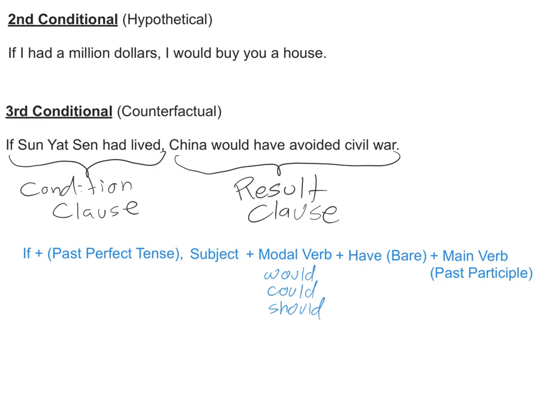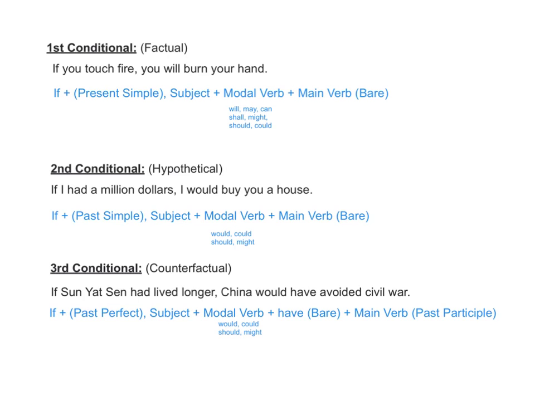So now I'm going to take a step back so that we can compare the grammar of all three kinds of conditional sentences. If we take a step back, we can see that each type of conditional statement has a very different grammar structure. In the first conditional, the condition clause is written in the present simple tense. You touch fire.